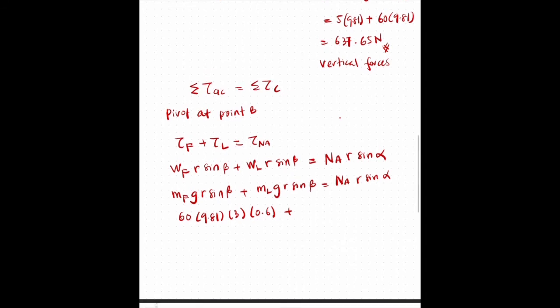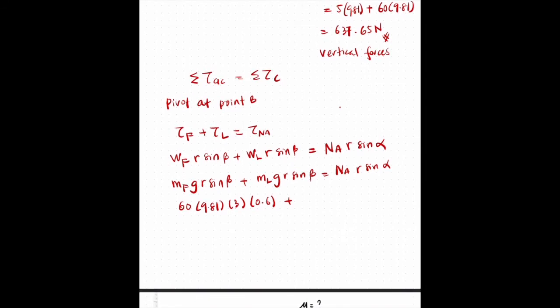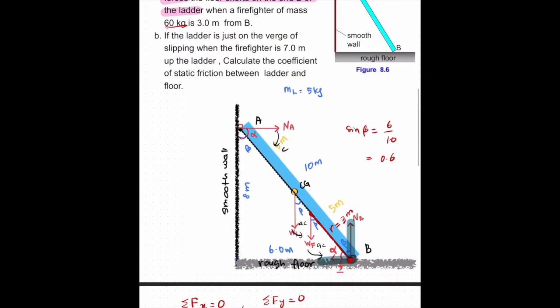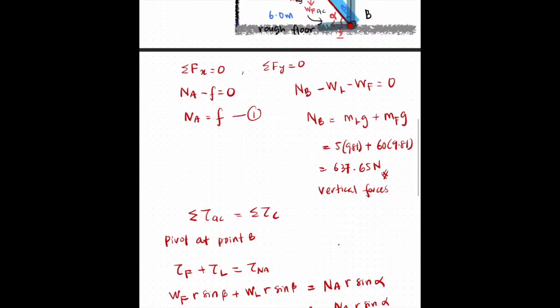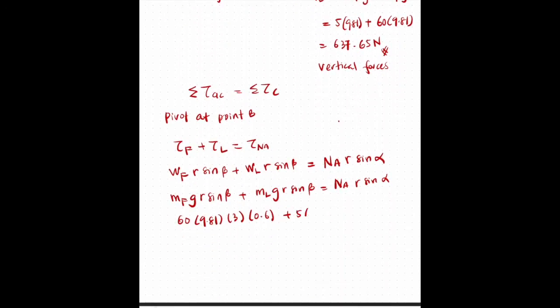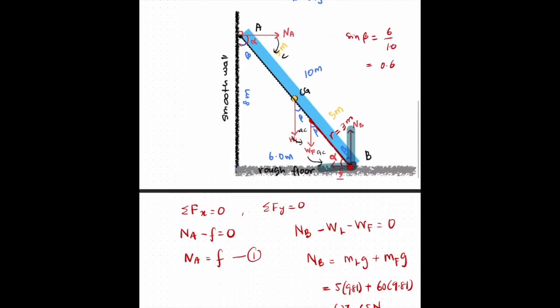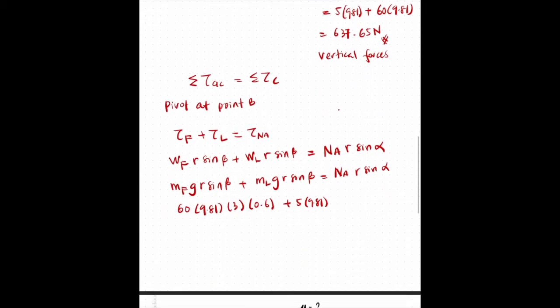Plus mass of ladder is 5 kilogram. 5 times 9.81. R ladder, here the center of ladder is 5. Sin beta is 0.6 as we calculated, equal to NA.